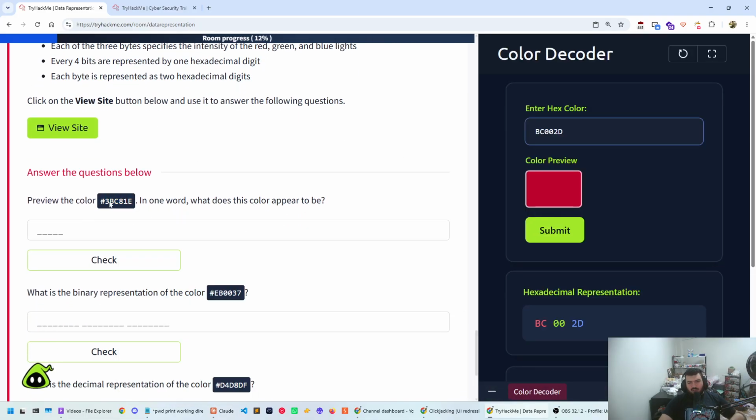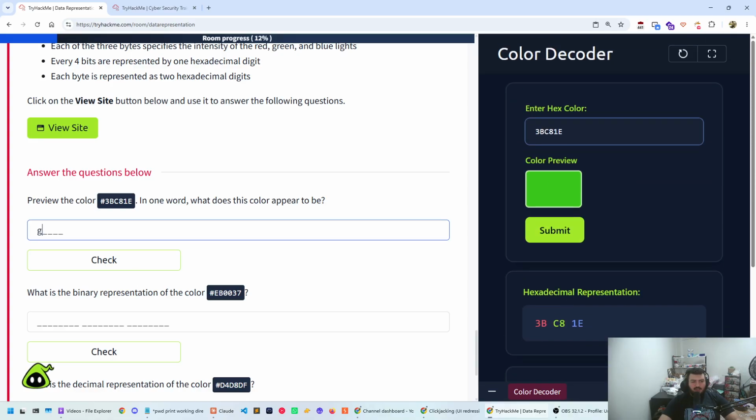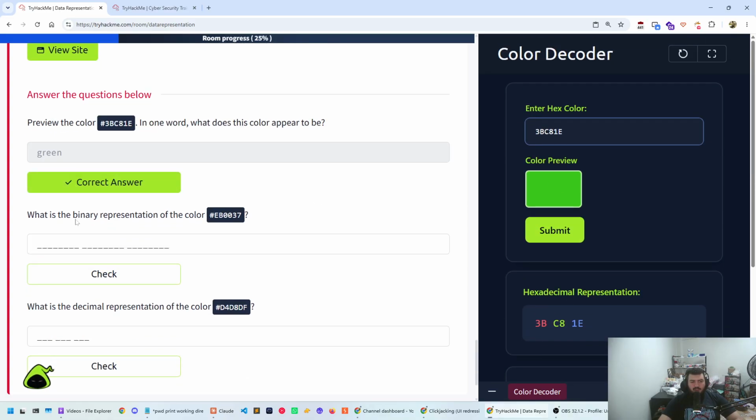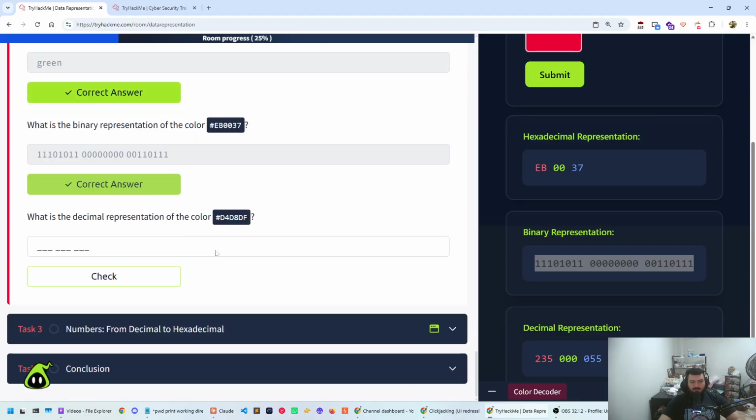Okay, so let's copy this, submit, and then you get this. Preview the color. What does the color appear to be? It looks green to me. What is the binary representation of this color? Binary is this.